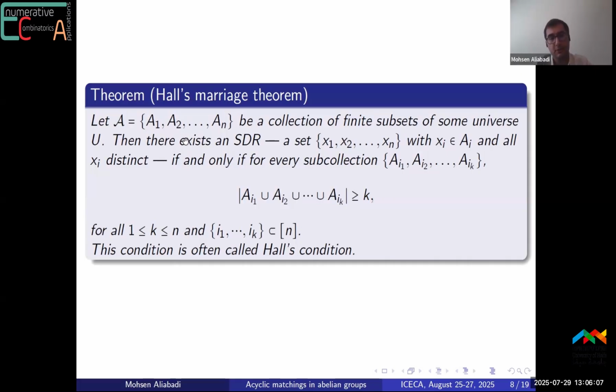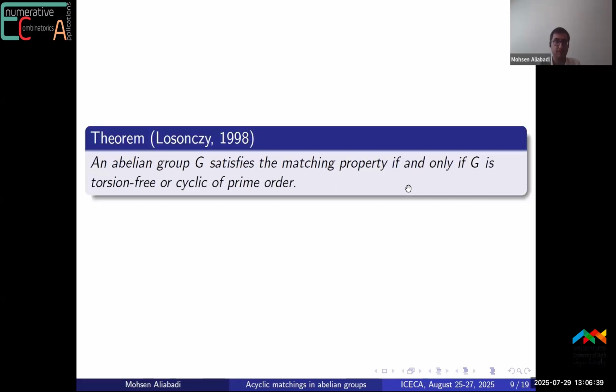Then this collection has an SDR, meaning a set of n elements x_1, x_2, ..., x_n, such that this set has two features. First, every x_i is an element of A_i, and second, all x_i's are distinct. Such an SDR exists if and only if for every sub-collection of our family of subsets, we guarantee this cardinality inequality. And this condition is called Hall's condition.